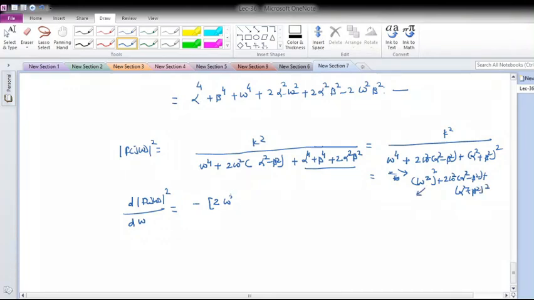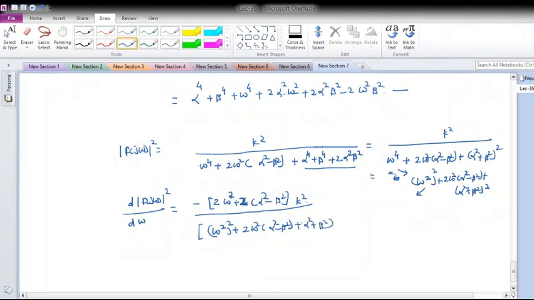So it will now be 2 omega square plus 2 times alpha square minus beta square, k square will be as it is, and into 0 because there is no term with omega, divided by omega square its square plus twice omega square into alpha square minus beta square plus alpha square plus beta square its square, raised to 2, that is equal to 0.